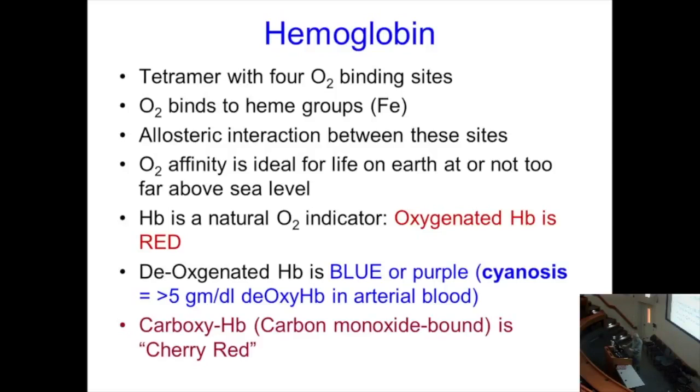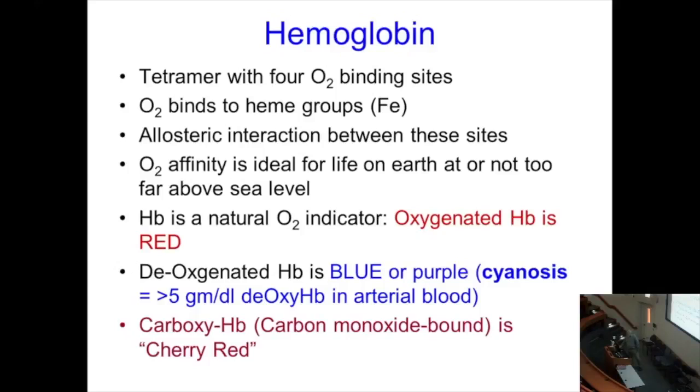But for life at the Earth's surface, this is what we have, works pretty well. Hemoglobin is a natural indicator of oxygen. Oxygenated hemoglobin is red. Deoxygenated hemoglobin is blue, okay, or purple, how you want to define it.